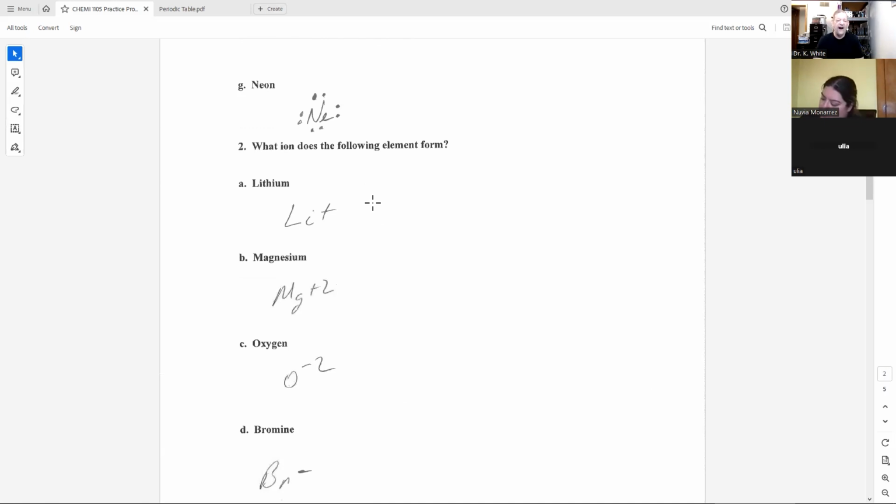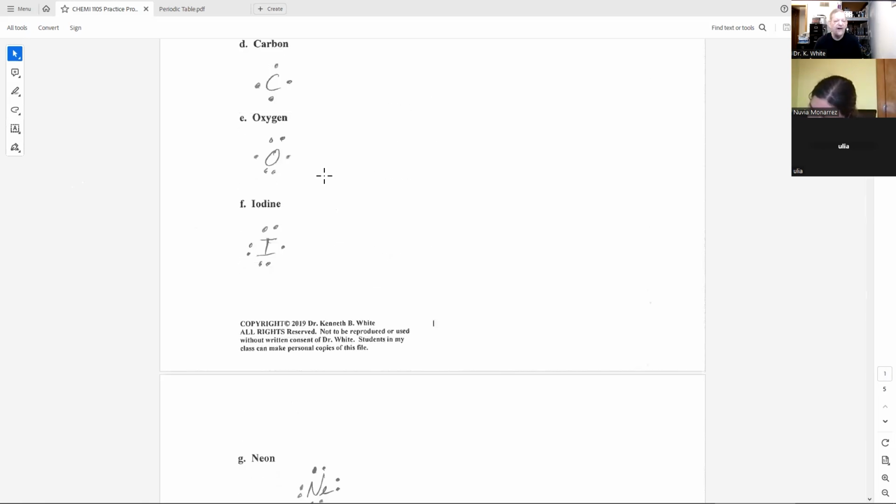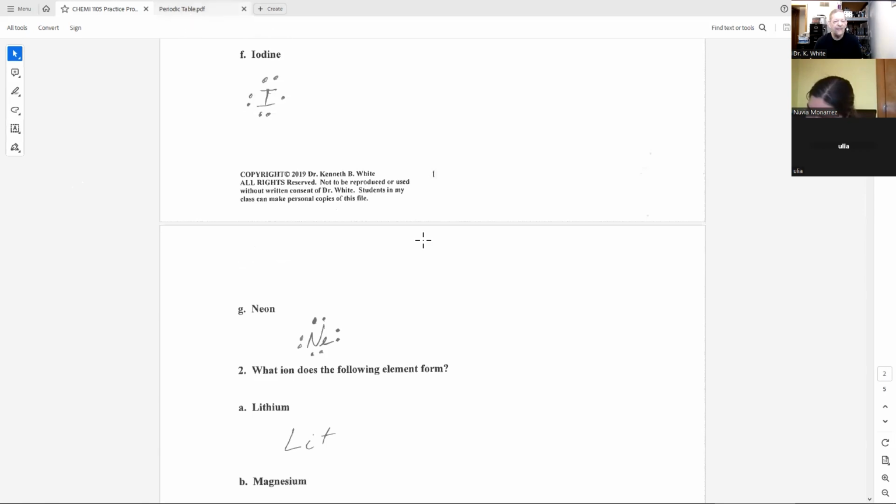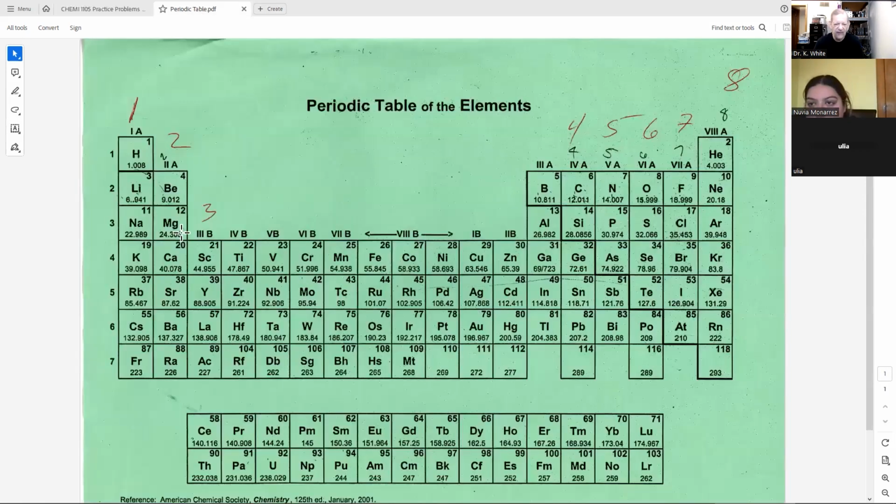Now, what ion will the following element form? Well, how do you do that? Well, let's do 2. Let's do magnesium. How do we do that? Well, you look at your friendly periodic table and say magnesium.